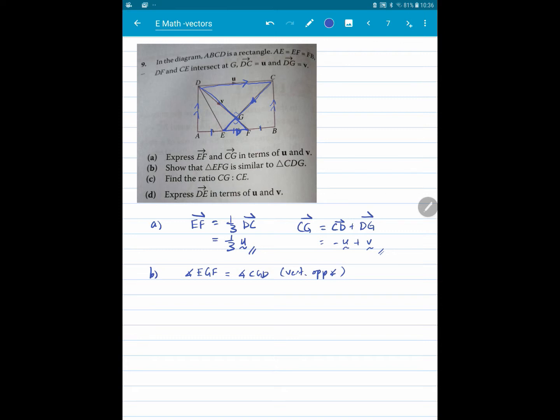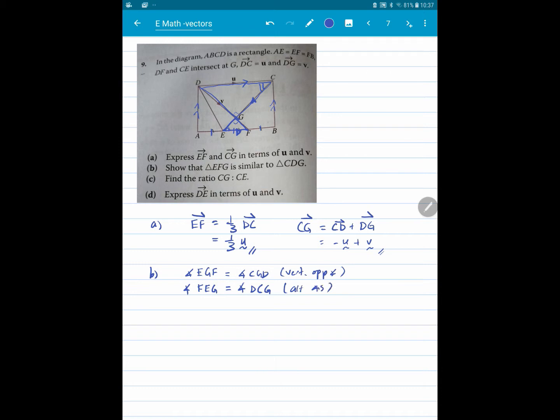The next angle we're going to show would be my alternate angles. In this case, I have a rectangle here, therefore DC is parallel to EF. So we can say that angle FEG is the same as angle DCG, and the reason is because they are alternate angles.